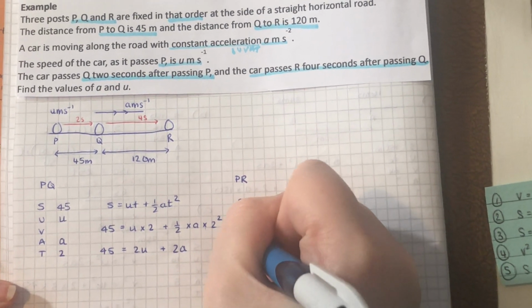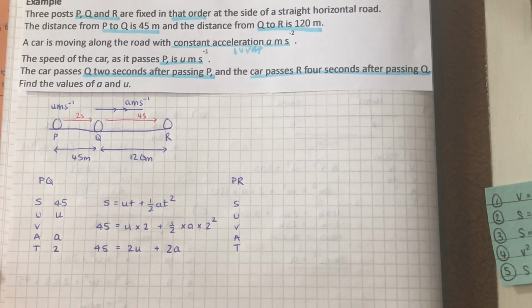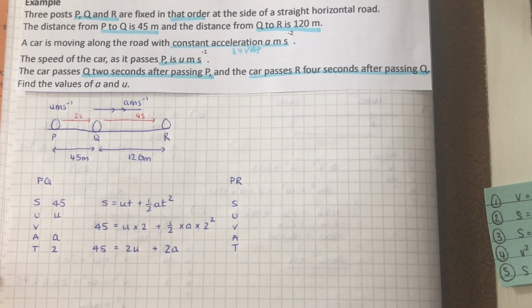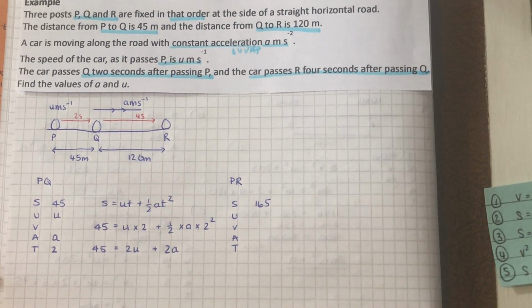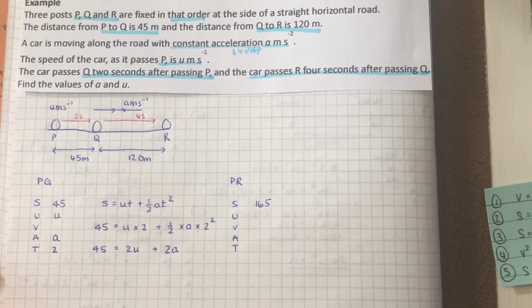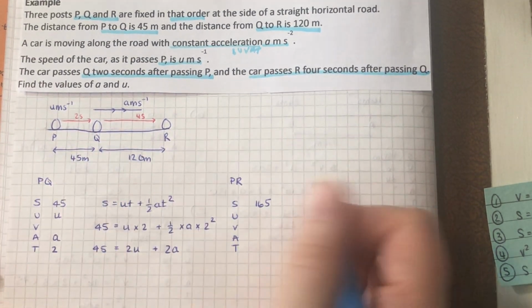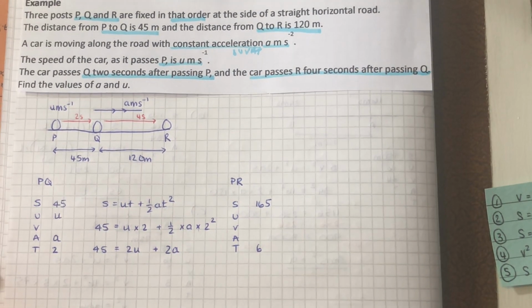Again, I'm just writing Suvat. So the total distance of those two added together, that's 165. The total time will be the 2 and the 4, so that'll be 6 seconds.